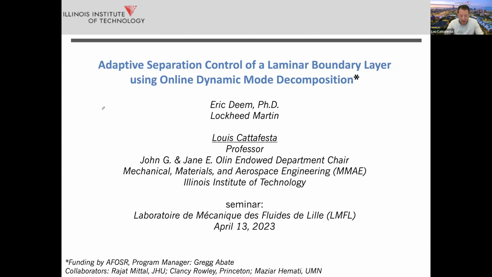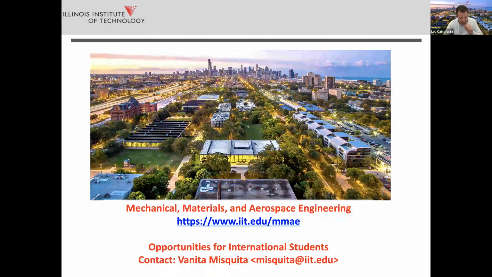And also the collaborations that I've had over the years with Rajat Mittal and Clancy Rowley, who were involved in this research, as well as Maziar Amati at the University of Minnesota. Today I'm going to focus on the experimental aspects of the flow control problem associated with control of a separated laminar boundary layer.